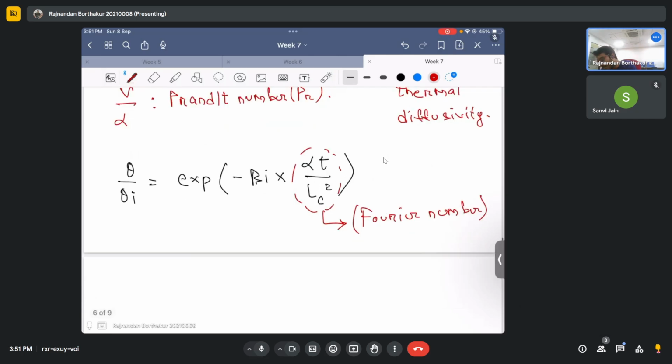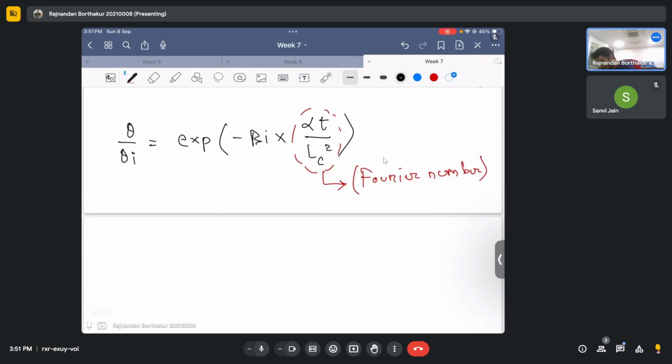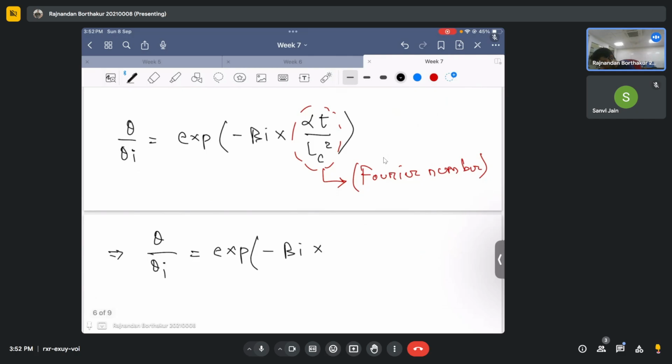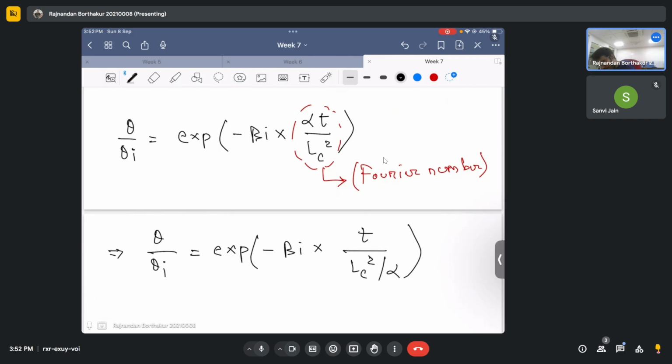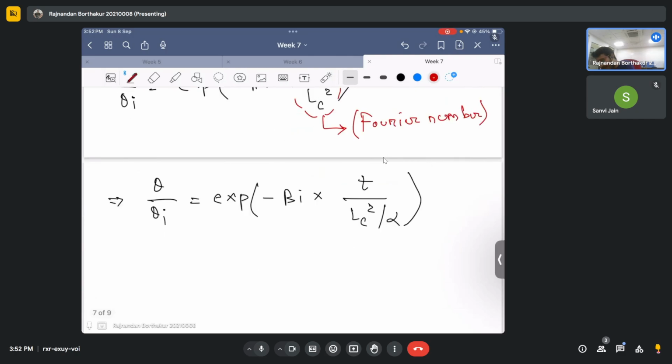Okay, I'll just simplify this expression once more. So this is theta by theta i, and this is exponent of minus Biot number times alpha t by Lc squared, and this alpha t by Lc squared is, as you said, known as the Fourier number, denoted as Fo.